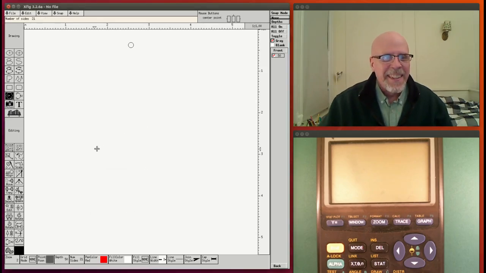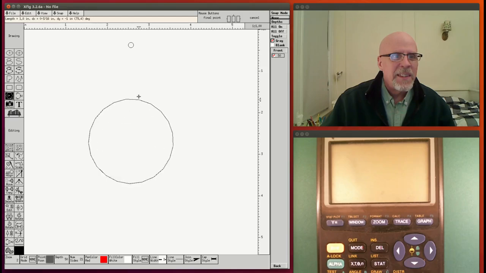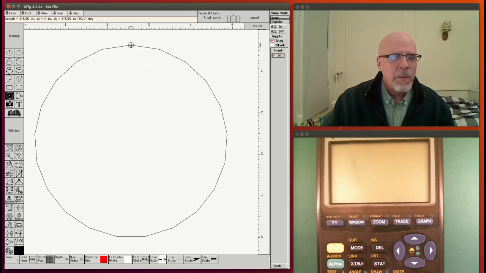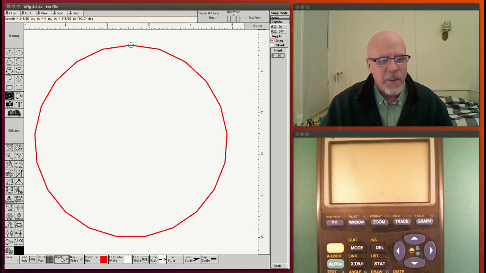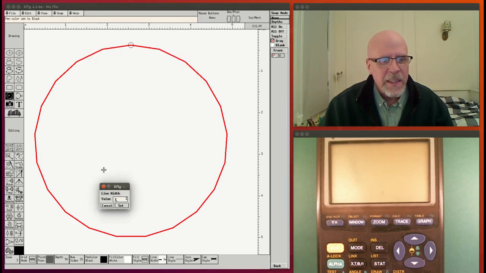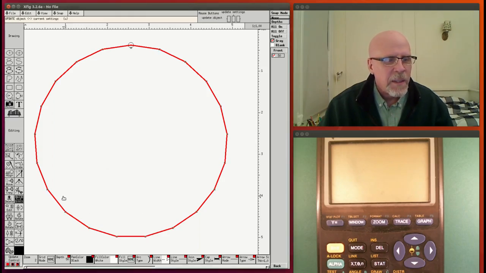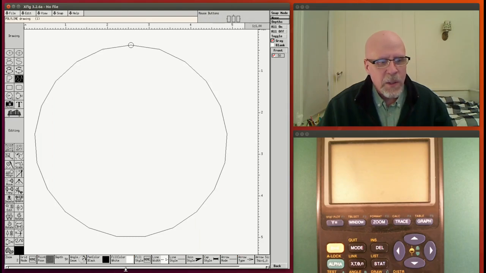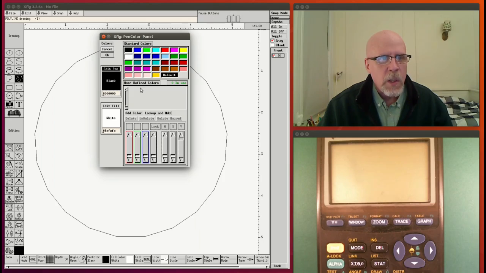All right. I am going to try to draw a careful star. Oh, no. I didn't want it to be red and fat. Let me fix that. We'll put it back to black and thin lines for that outer thing.